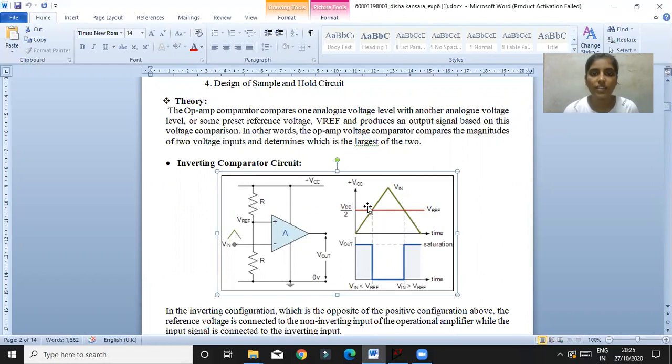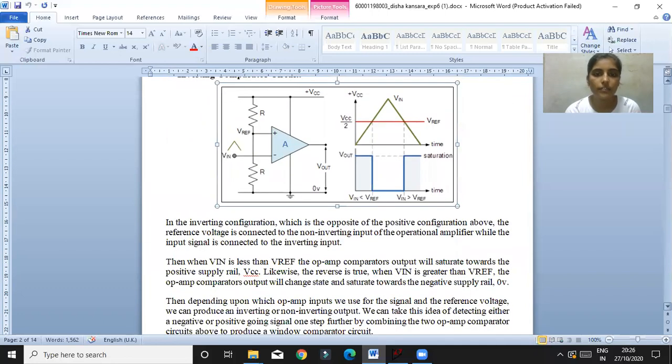Based on the voltage comparison against Vref, it produces an output signal. In this circuit, the reference voltage is connected to the non-inverting input of the operational amplifier, and the input signal is connected to the inverting input.